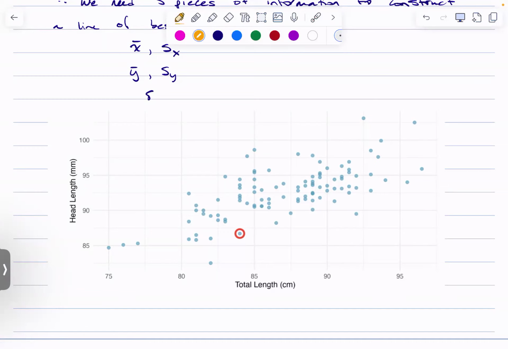So that's our first thing: we will predict head length. But wait, there's more. Using the total length as a predictor.